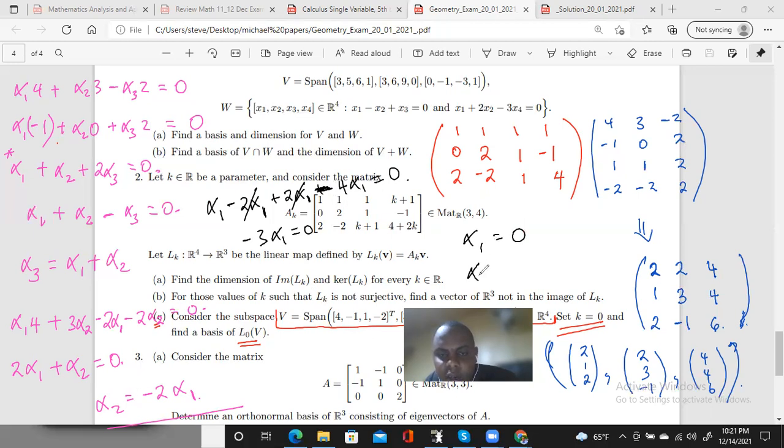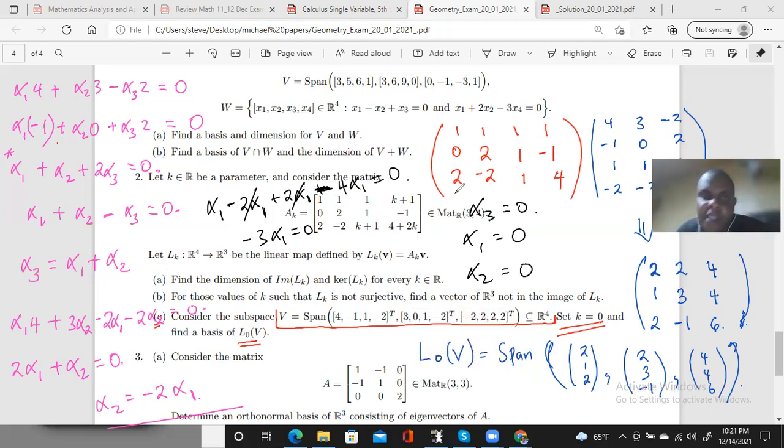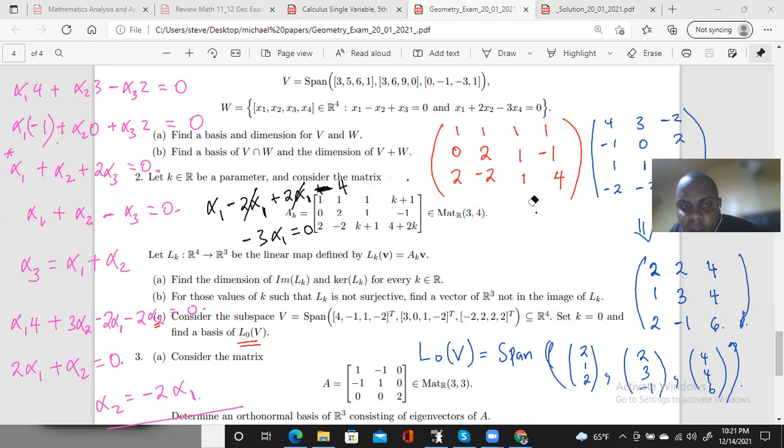And so alpha 2 has to be equal to 0, and alpha 3 has to be equal to 0. So they are independent. We checked. And so our solution stands.